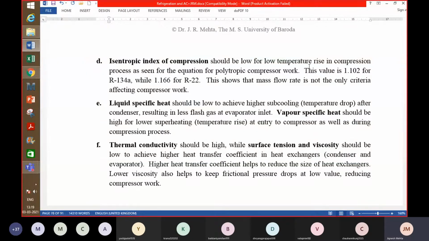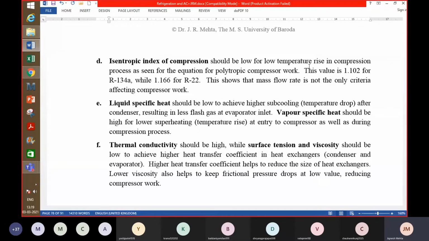So if this index is low, then the temperature rise during the compression process would be low, which is desirable. So this value is 1.102 for R134A, while 1.166 for R22, right? So in case of R134A, you can expect a lower degree of superheating, while for R22, it will be higher.